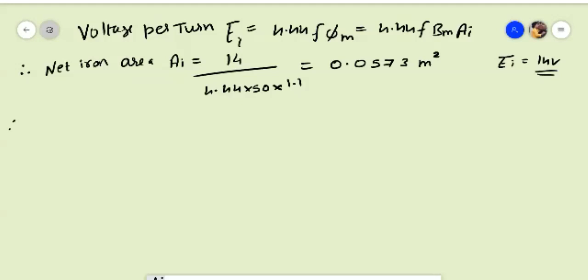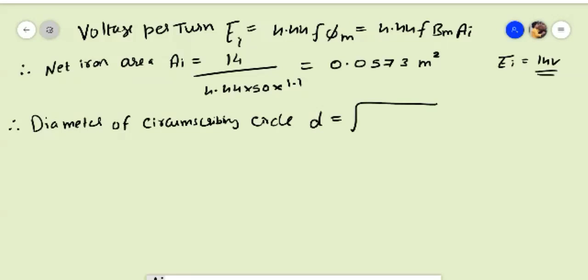Okay, so therefore the diameter of circumscribing circle, d, small d, is equal to under root of Ai divided by 0.56, which is equal to root of 0.0573 divided by 0.56.